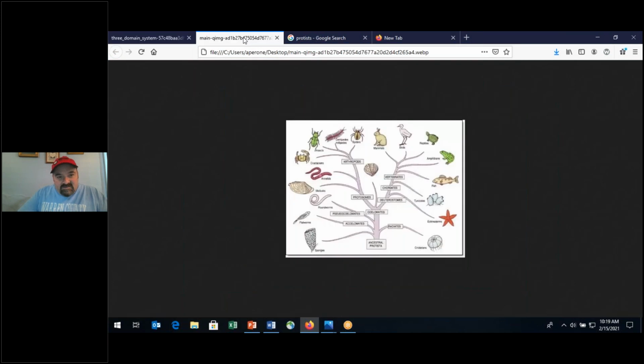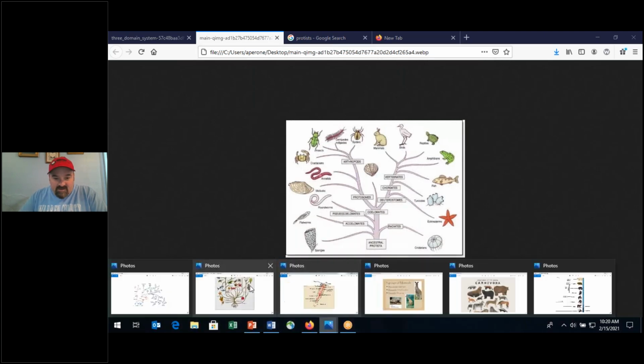So I want to show you another tree of life, and just being able to see the different branches. Oh, okay. Now it's coming to me again.